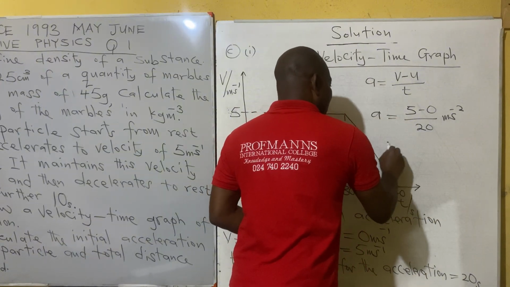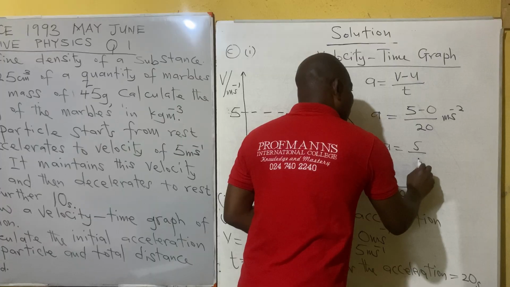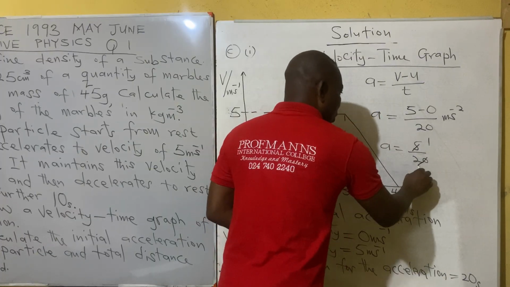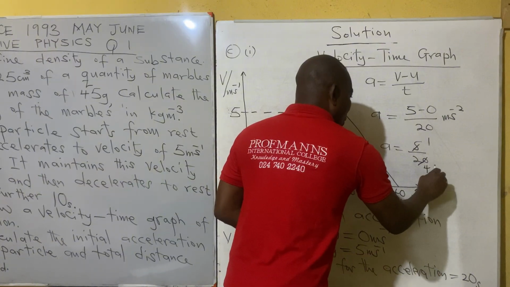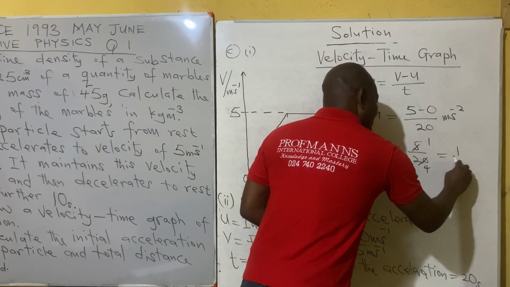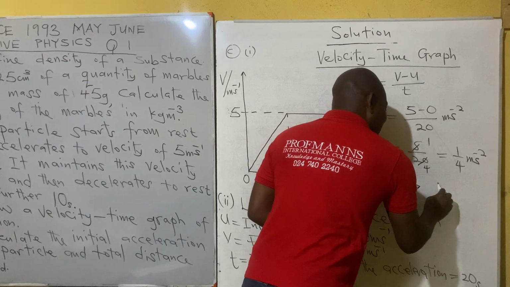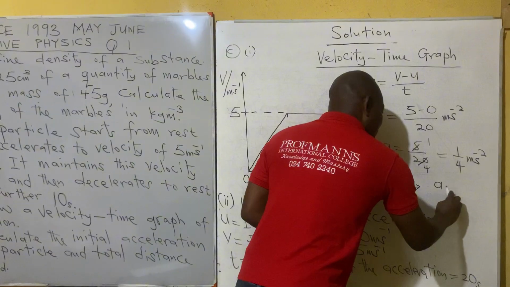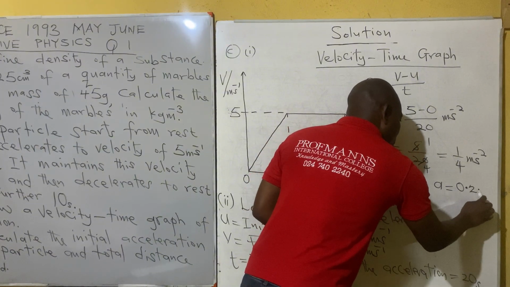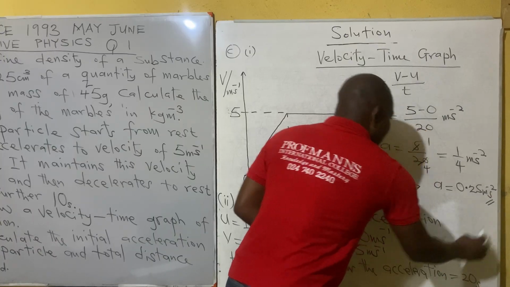So this acceleration is equal to 5 over 20. 5 goes into itself 1, goes into 20, 4. So the acceleration here is equal to 1 over 4 meter per second squared. Better still, when we divide this by that, acceleration is equal to 0.25 meters per second squared.